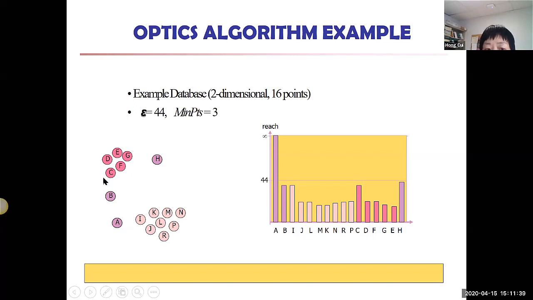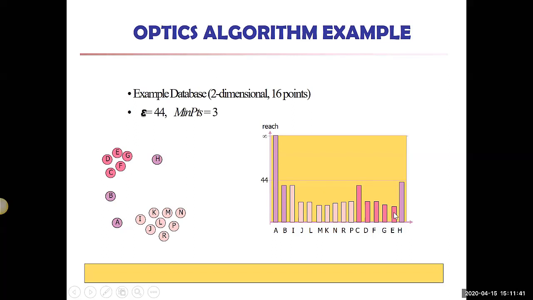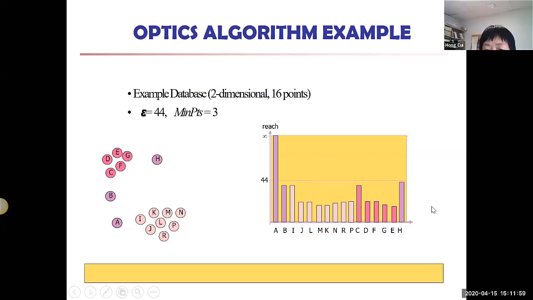and find another cluster. Here, why do you say C is close to, for example, D or F, but it's far from P or R? We know the reachability from D to C is this much.